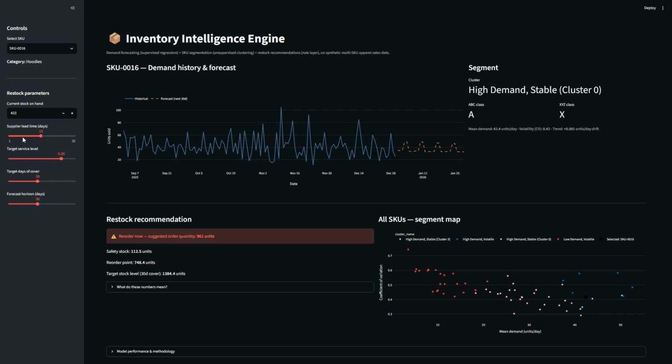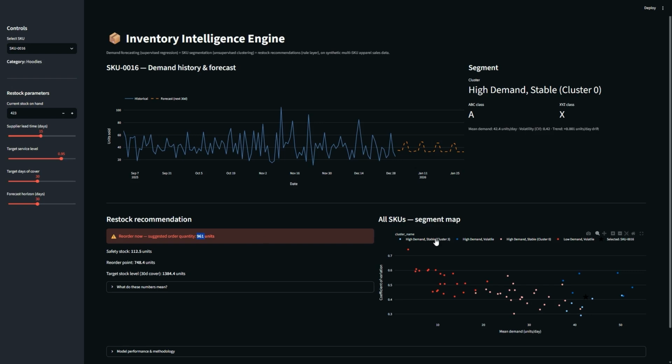So I showed you that I increased the lead time, and it now shows reorder now. Previously it was saying it's okay, don't reorder. So if current stock is below the reorder point, it tells me straight up reorder now and exactly how many units. So 961 units.